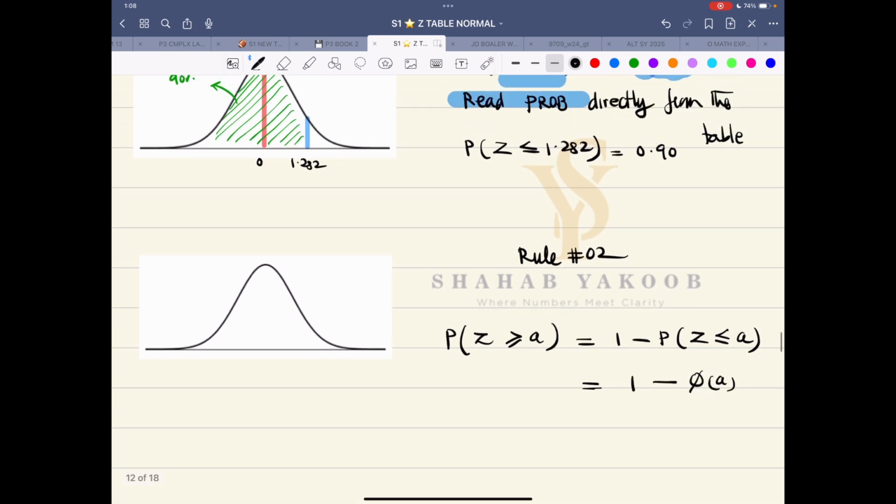Now let me use the highlighter again. Let me draw this vertical line. Let me draw this blue line over here. Let me mark this value 0. This is 1.282, and then I'm marking off this red value. So now over here, the green probability to the left was 90%. Therefore, this probability will be 10%.